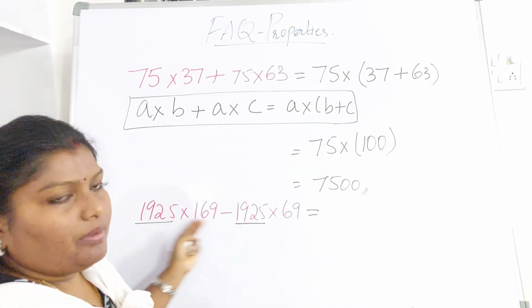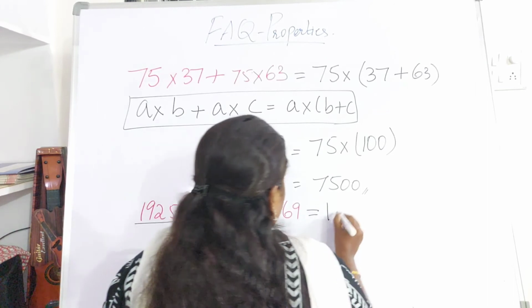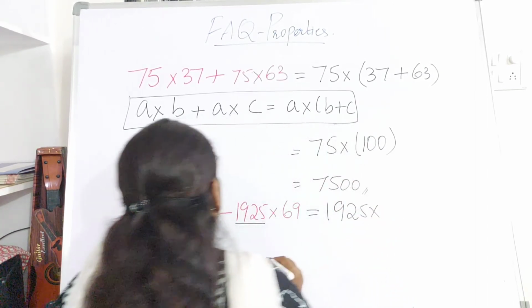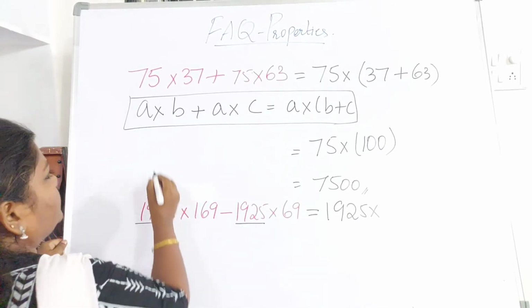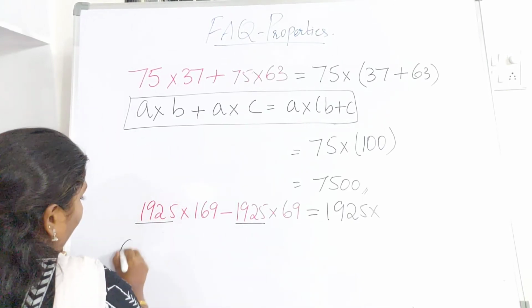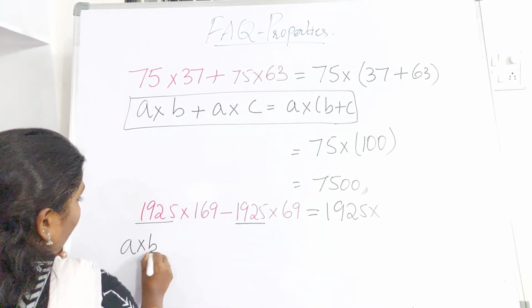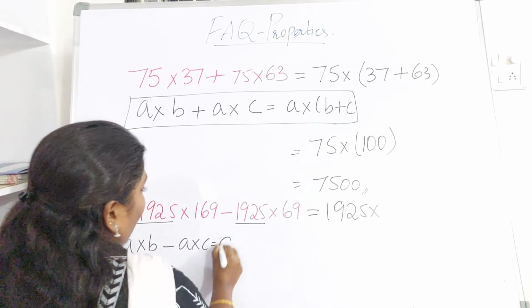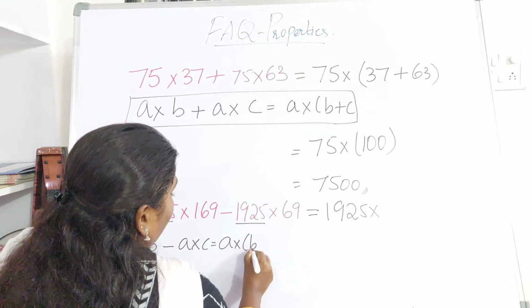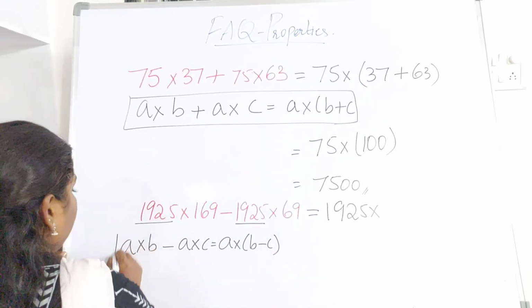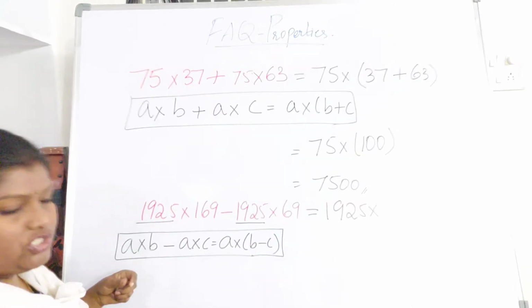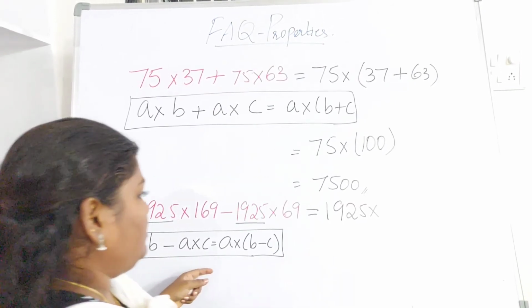What is the common number? It is 1925 into, now this is of the form, I'll just write here, A into B minus A into C is equal to A into B minus C. So this is a distributive property of multiplication over subtraction.